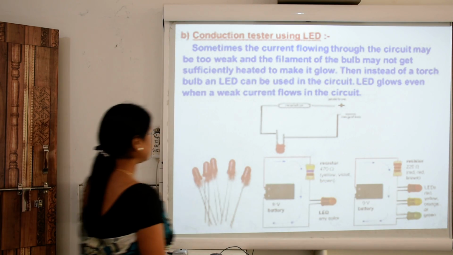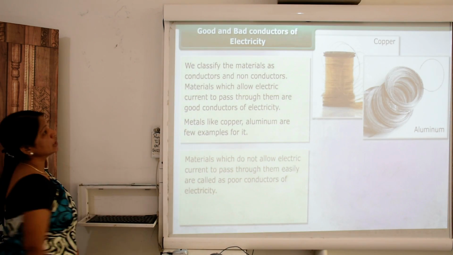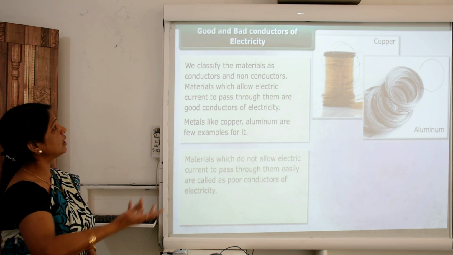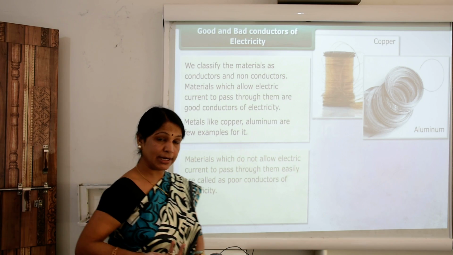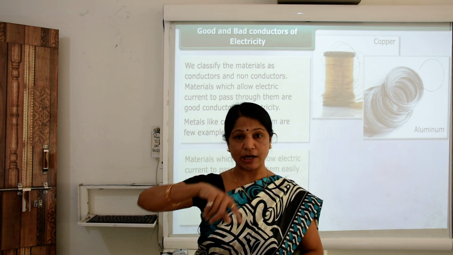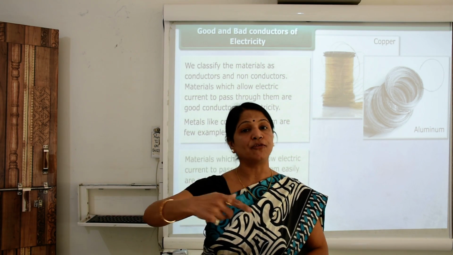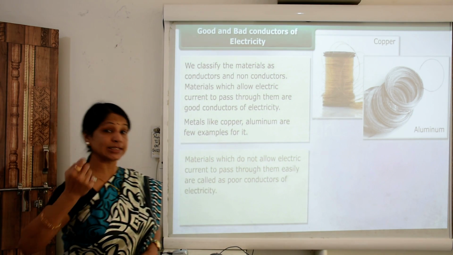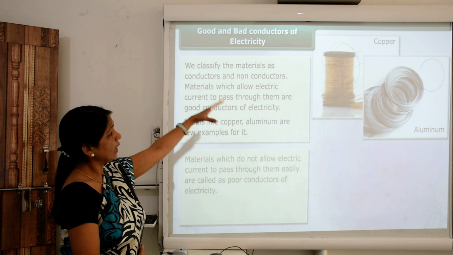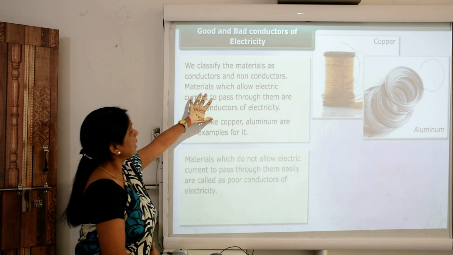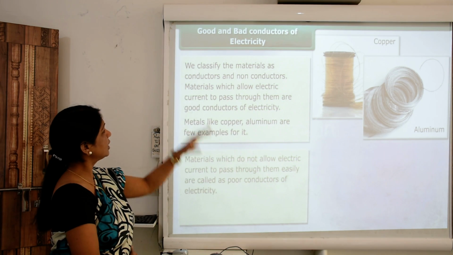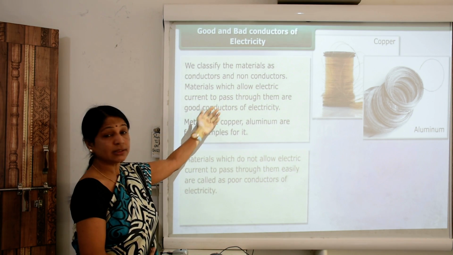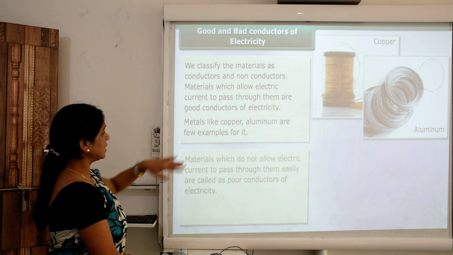Now further we are going to see the good conductor and the bad conductor. What do we mean by a good conductor of electricity? What is the meaning of a bad conductor of electricity? So we classify materials as conductors and non-conductors. Materials which allow the electric current to pass through them are good conductors of electricity.